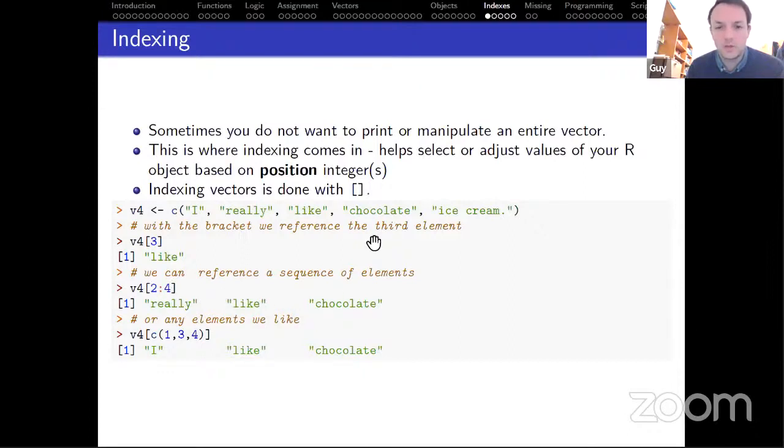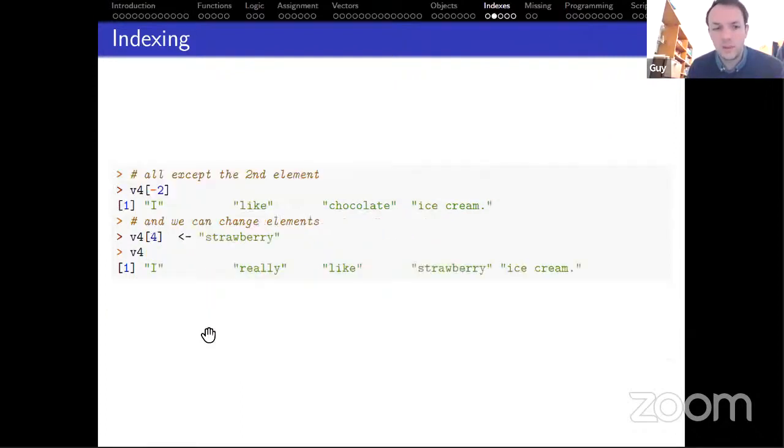It's getting the second to the fourth part. Here we can use a different combination: I want the first, the third, and the fourth part. I'm using the square brackets again to select a subset, and I'm giving the integer positions of the parts that I want to extract.